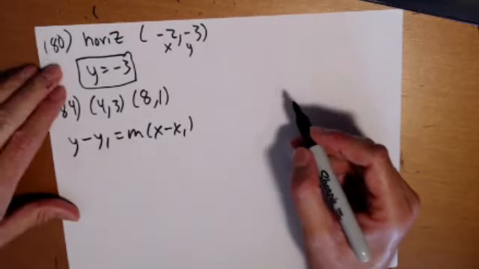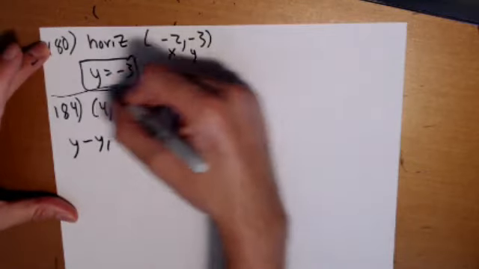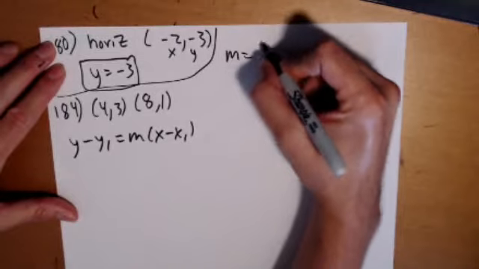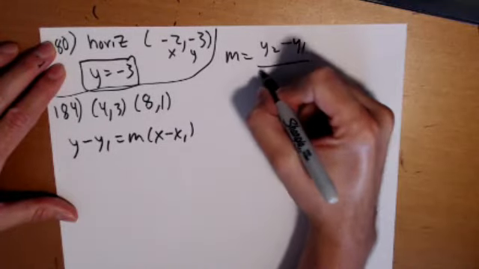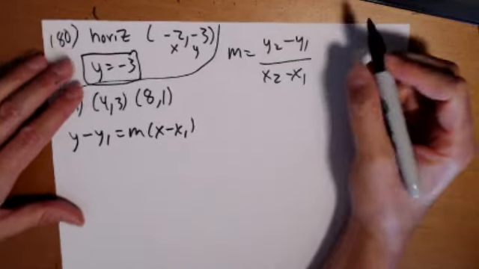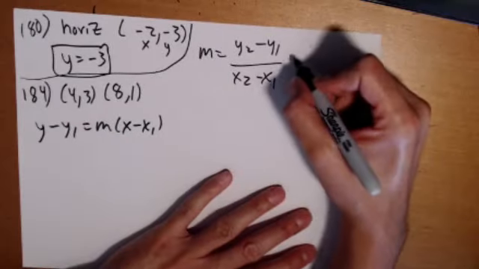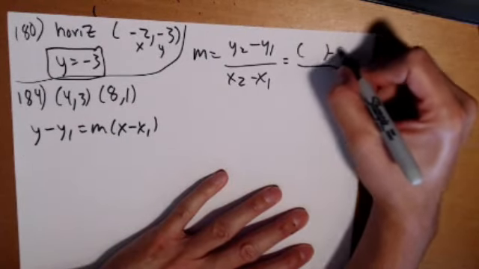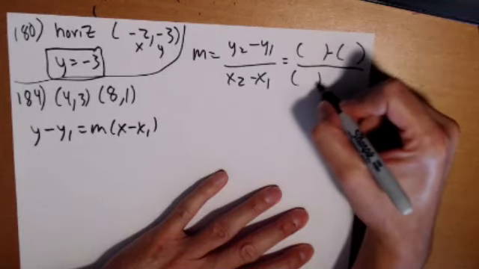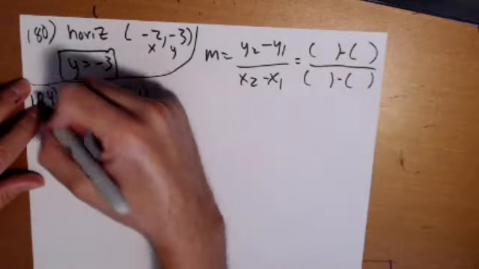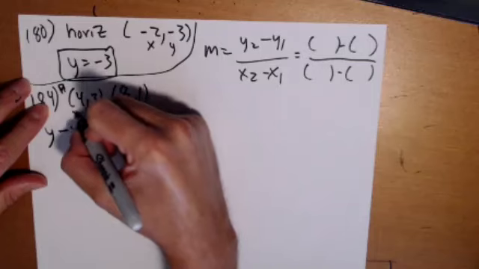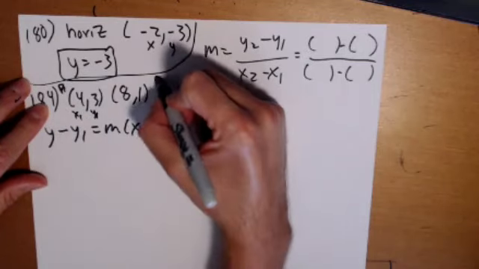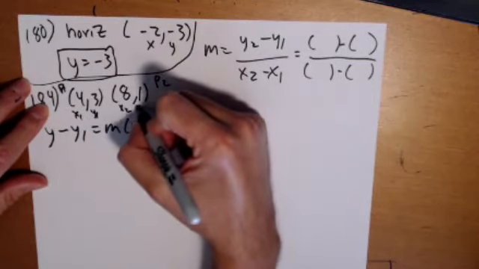Let's get the slope first. We know how to get the slope, right? Remember, m is equal to y2 minus y1 over x2 minus x1. I like doing it like this, that way I don't have to think. The first point I call point 1, it consists of an x1 and a y1. The next one is point 2, consisting of an x2 and a y2.